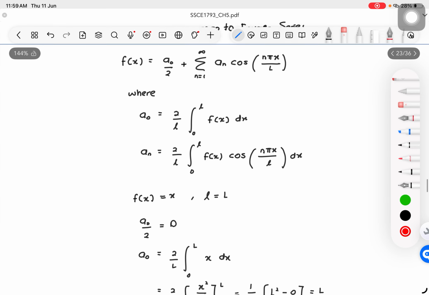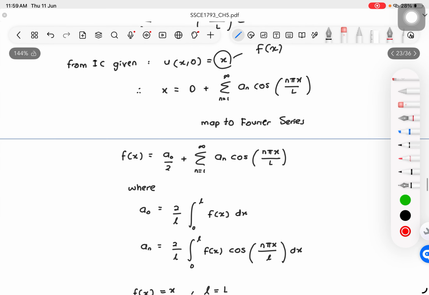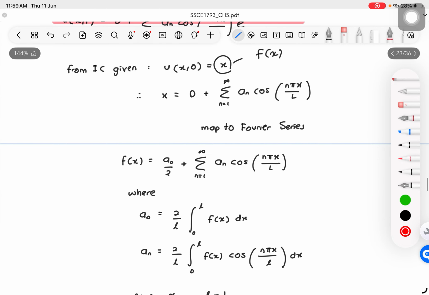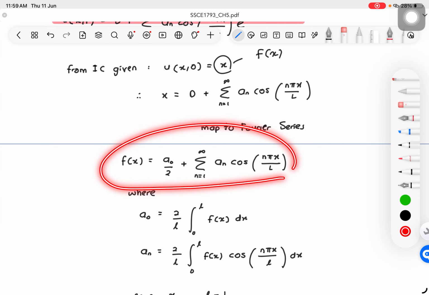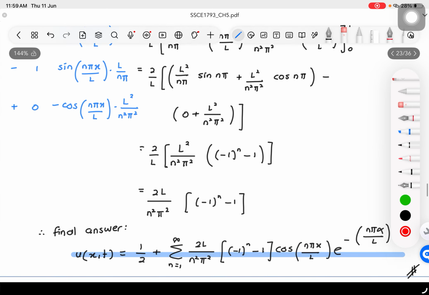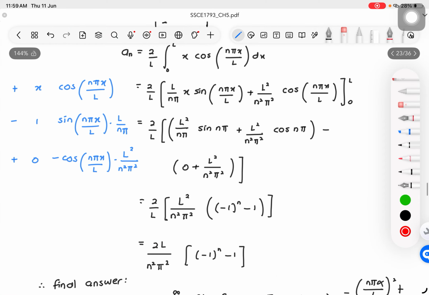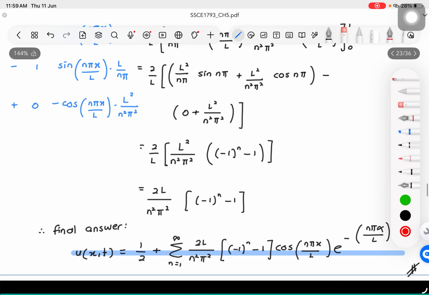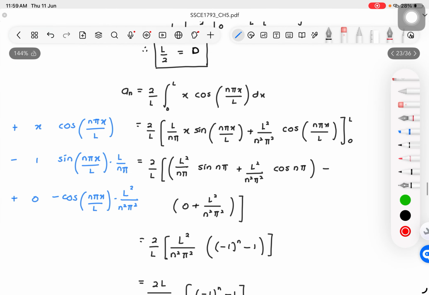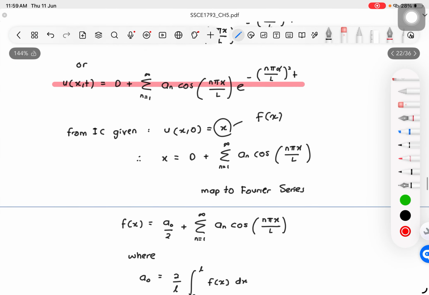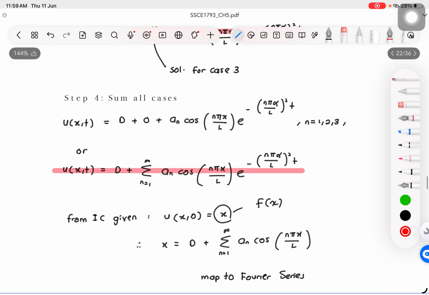Your f(x), the equation of this one, is equal to this one. So meaning that your final answer for u is equal to 1 over 2 plus this one. So you substitute back inside this one, so your general solution for u is this one.